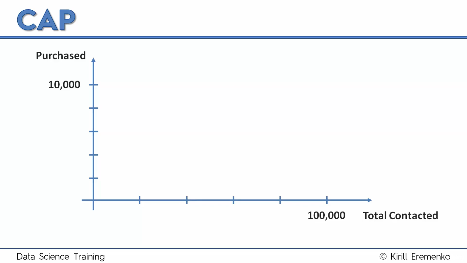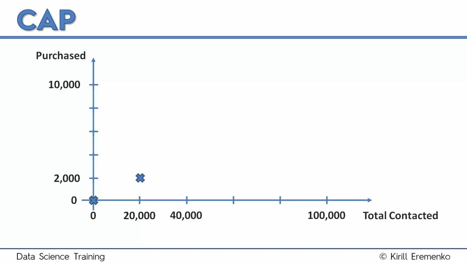So if we send it to 0 customers, obviously we'll get 0 responses, right? What do you think will happen if we send it to 20,000 customers? How many do you think will respond? Well, because this is a random sample and we know that about 10% respond, we would say about 2,000 would respond. Fair enough, right?